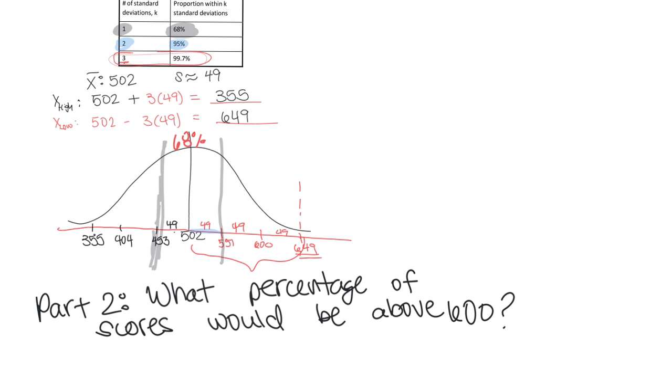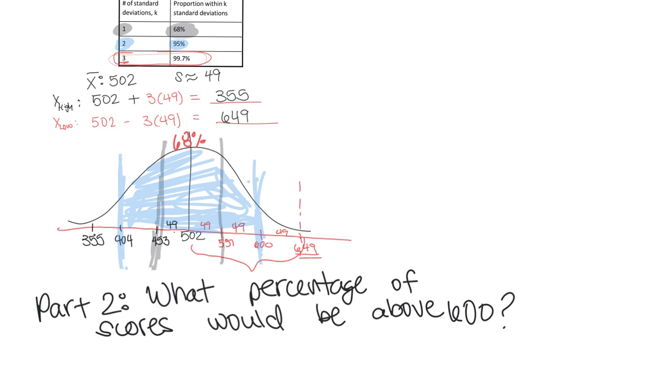For 2 standard deviations, I'm going to do this in blue, we're talking about these values. So from 404 to 600 would incorporate 95% of the values. And then 3 standard deviations, of course, is the 99.7%. So 3 standard deviations would be from 355 to 649, which we've already found.